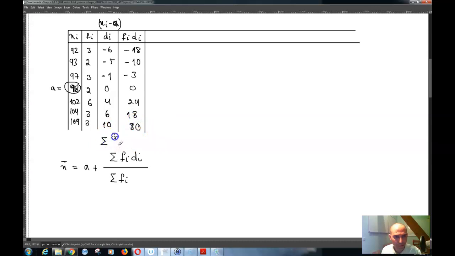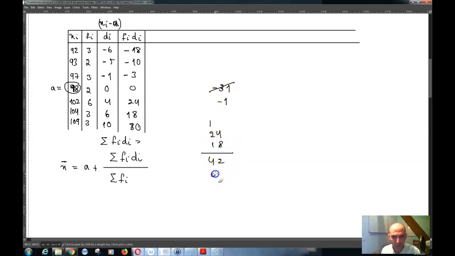Now sigma f of I d of I is basically all of these numbers added together. So that's negative 28, plus 3 is 31, so you have a negative 31 here, and then you have a positive 30 over here, which makes negative 1, and then over here you have 24 and 18 put together is 42.